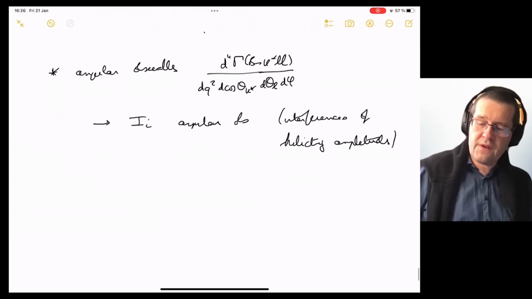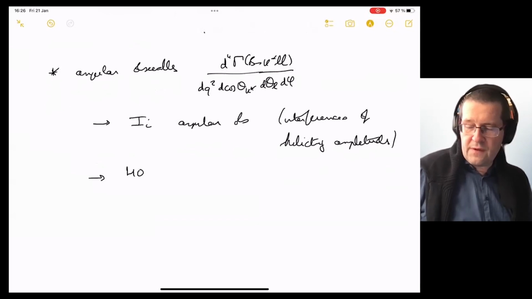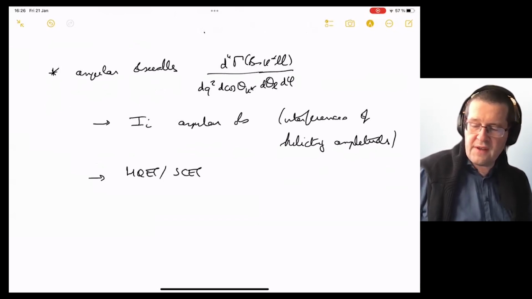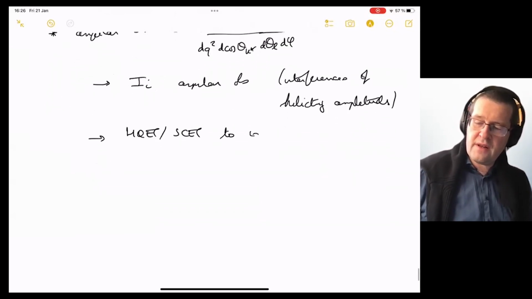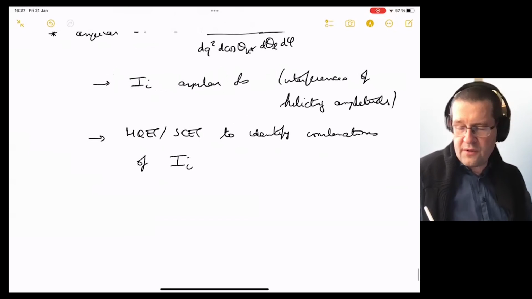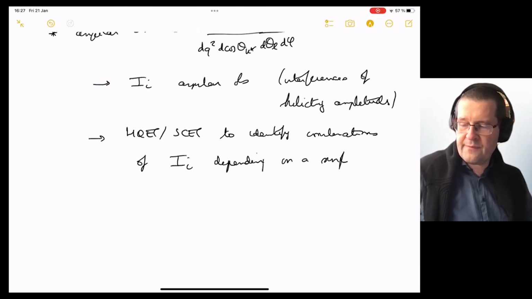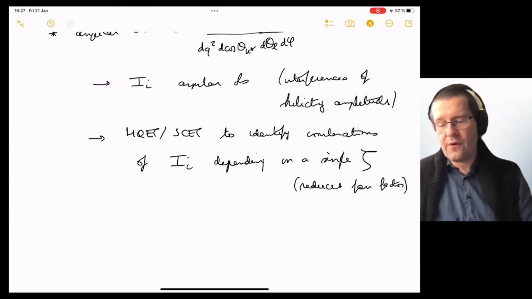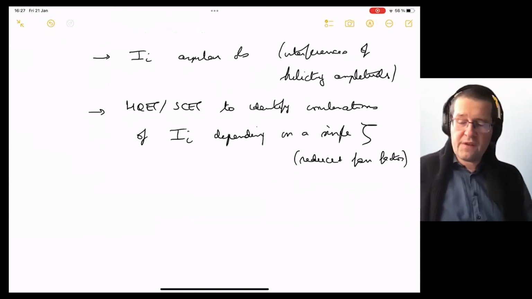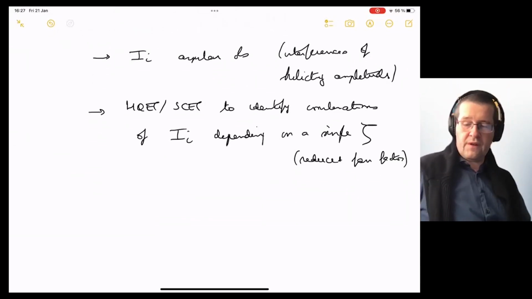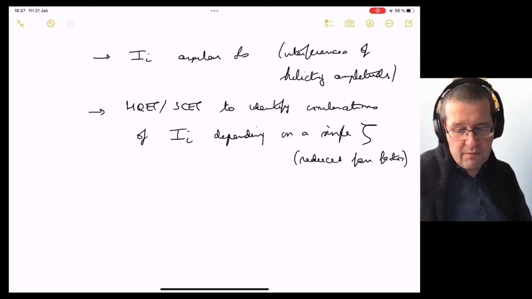And the point is just that we can use HQET and SCET to identify combinations of angular observables depending on a single reduced form factor. You've got plenty of form factors involved in each of these angular observables, because many LCT amplitudes are combined.